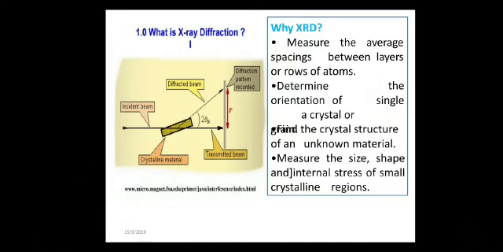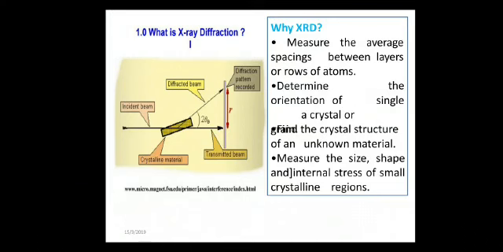Copper is the most common target material for single crystal diffraction, with copper K alpha radiation. The wavelength is 1.5418 angstrom. These X-rays are collimated and directed onto a sample. As the sample and detector are rotated, the intensity of the reflected X-rays is recorded.